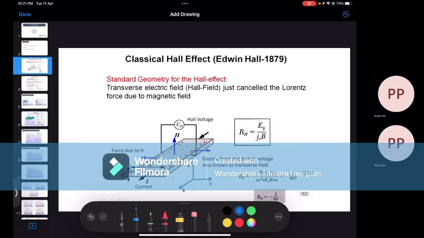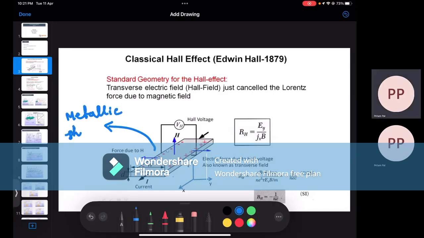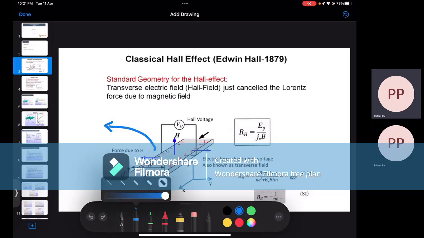This was discovered by Hall. It is basically a metallic three-dimensional sheet. Rather, I'll just decrease the width.